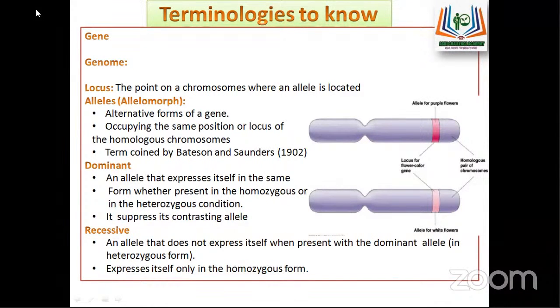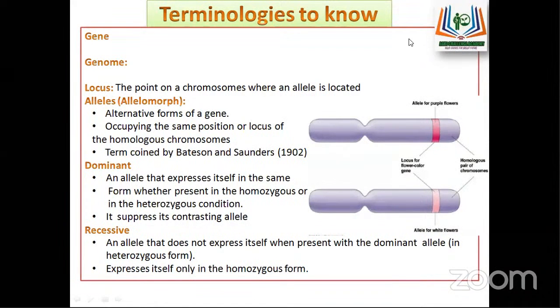Gene is a stretch of DNA which has the information which can be further decoded to form the RNA and subsequently the protein, which will have some function in the cell and will ultimately give rise to some expression in the organism. Okay, so that is a gene.